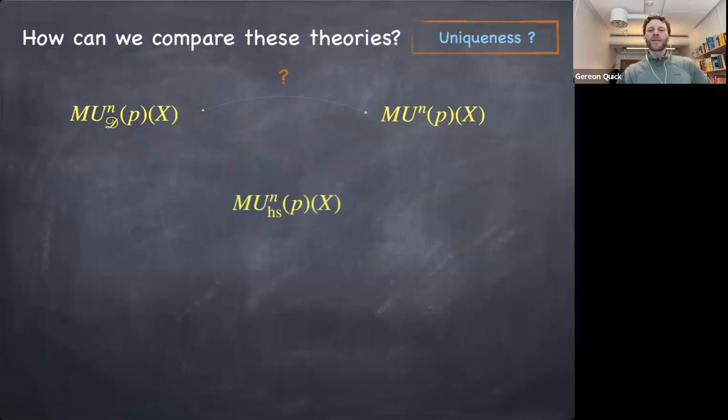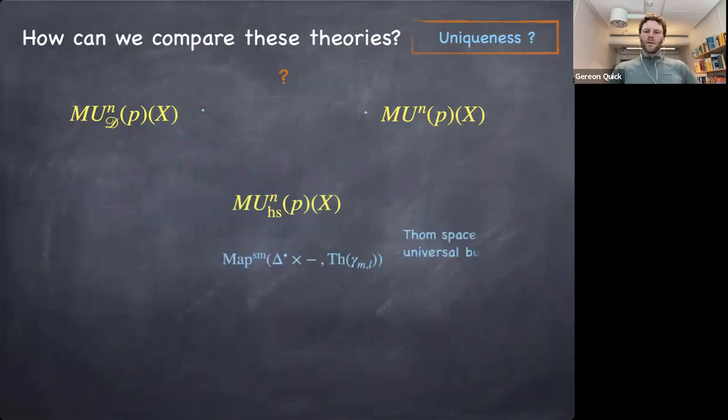Okay, so the way we show that there is in fact an isomorphism is by introducing a third theory. And I will just very briefly say how we do this. So the HS in the subscript stands for Hopkins-Singer, because it's more similar to the way that Hopkins and Singer produced their theory.